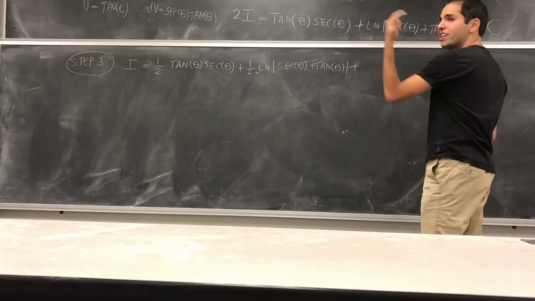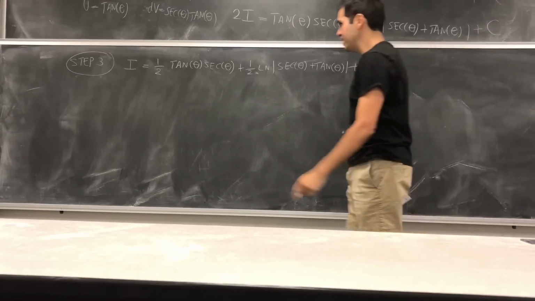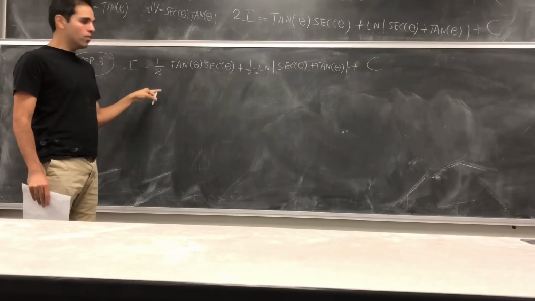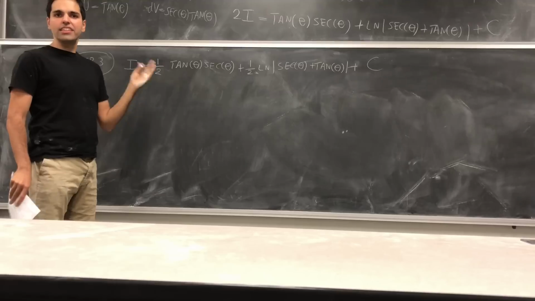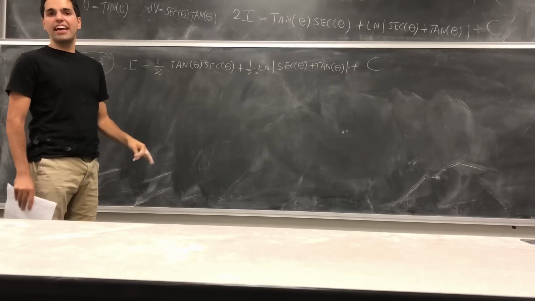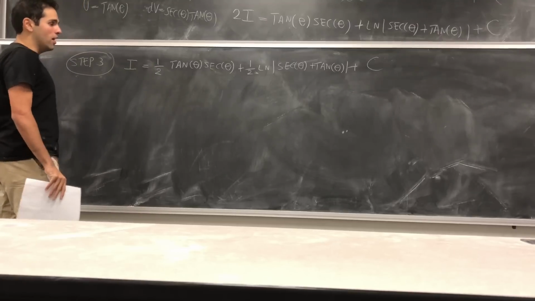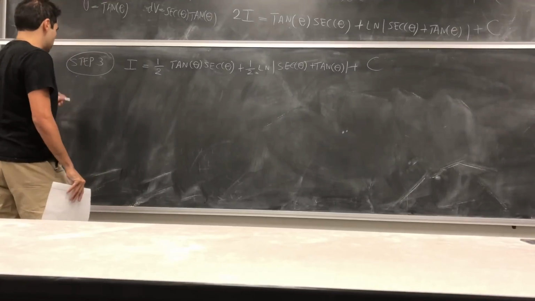So in fact, we can just replace c over 2 by c. So let's just write c. And that's good because we solved for our integral. The only problem is, remember it was the integral of the square root of x squared plus 1. Ideally, in the end, we want to have something in terms of x. Which means we have to solve for tangent theta and secant theta in terms of x.